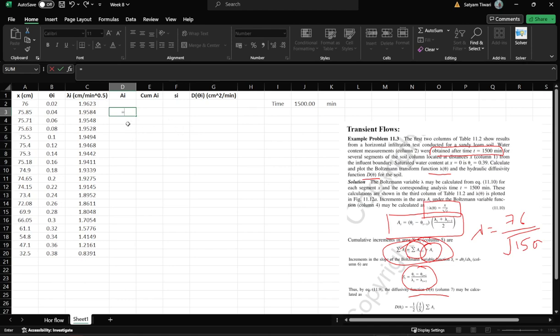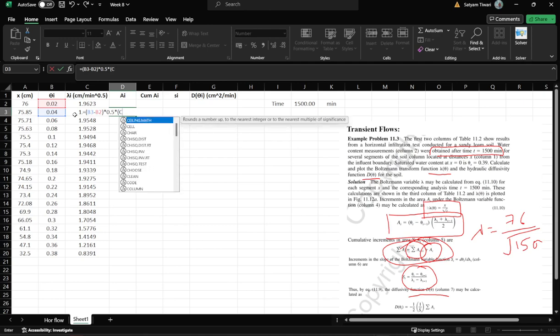First we see the value of theta I, that is 0.04, and subtract theta I minus 1, that's 0.02. We'll multiply it with 0.5, that's 1 by 2. Then we'll further multiply it with lambda I plus lambda I minus 1.